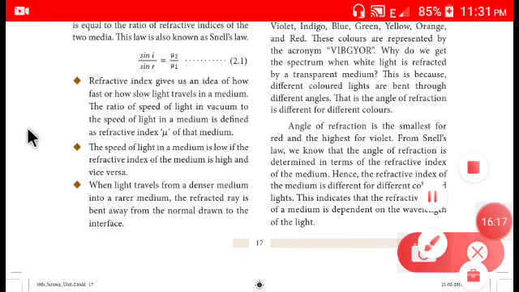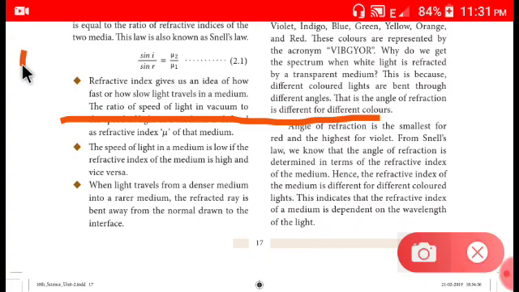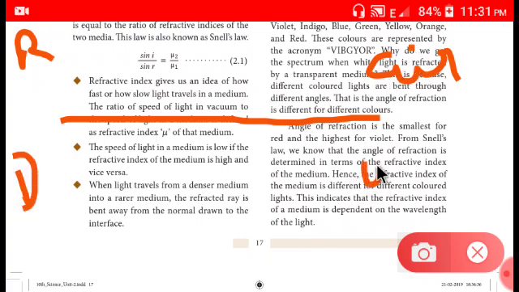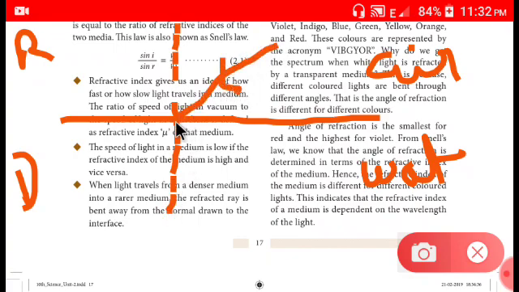Just one diagram, the same diagram. Interface. Take this as the rarer medium. The rarer medium is air, just for example, and this is the denser medium, that is water, and this is the normal. This is the incident ray, and it must go in this direction if there is no interface, but due to the interface it is refracted towards the normal.